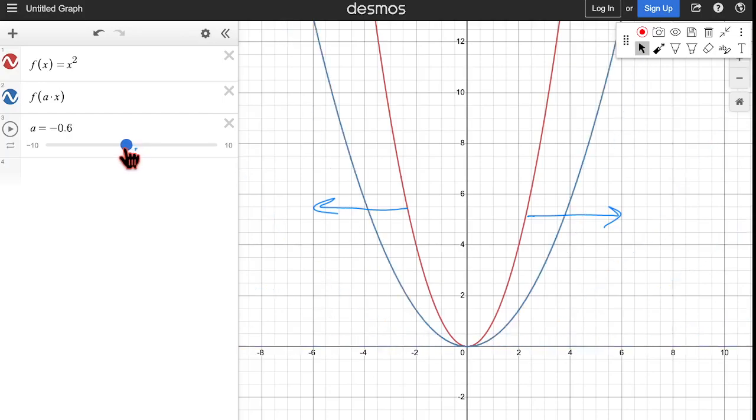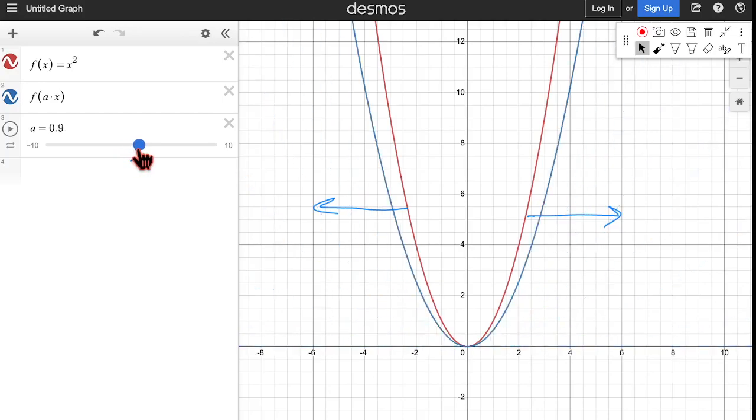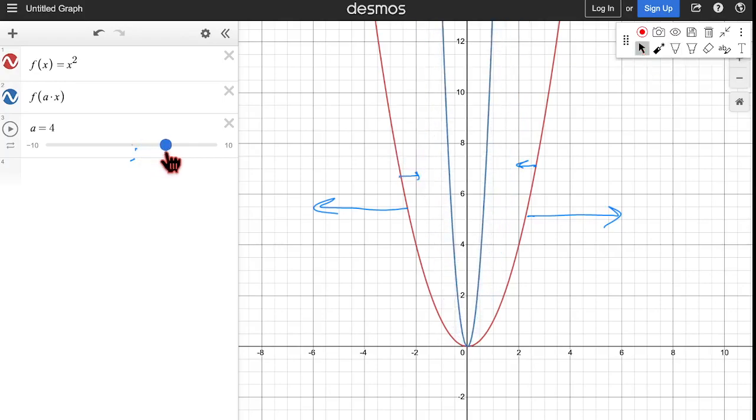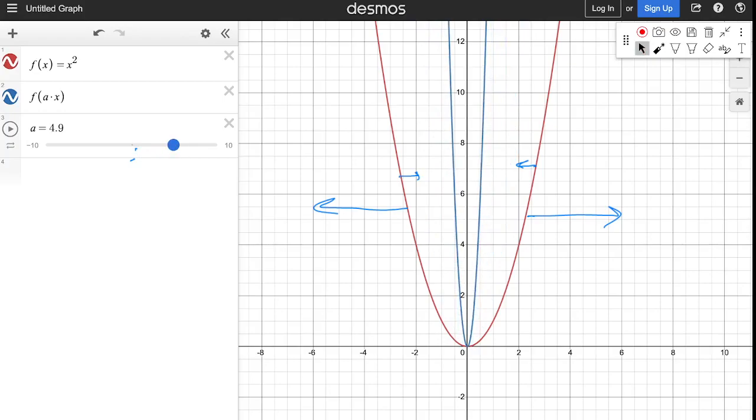But it's an inside reflection, so you can't really see it. If it's larger than 1, notice it's a compression this time. It's pulling it inward as long as we're greater than 1. We're kind of squeezing it. And notice that looks the same as a vertical stretch. So again, a vertical stretch can be accomplished by a horizontal compression. That's why these things are opposites of each other.